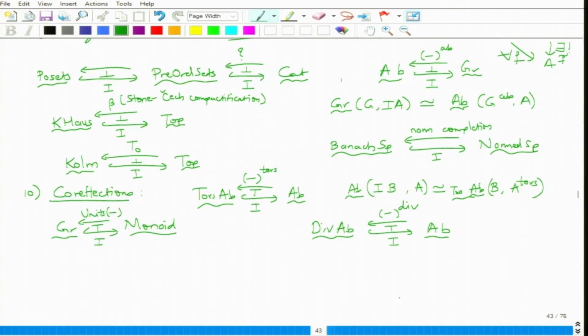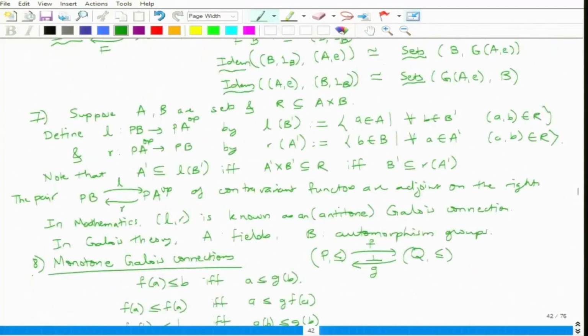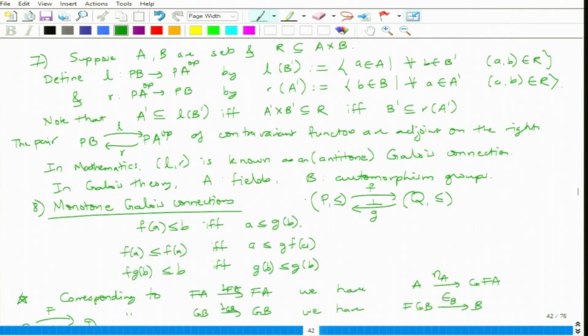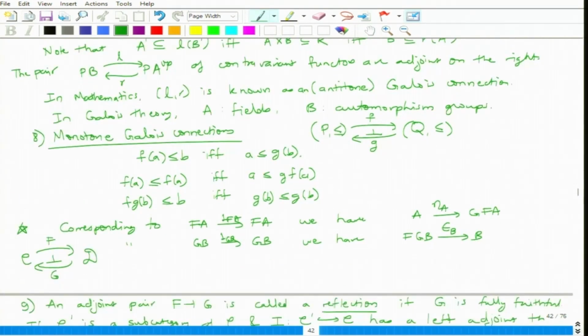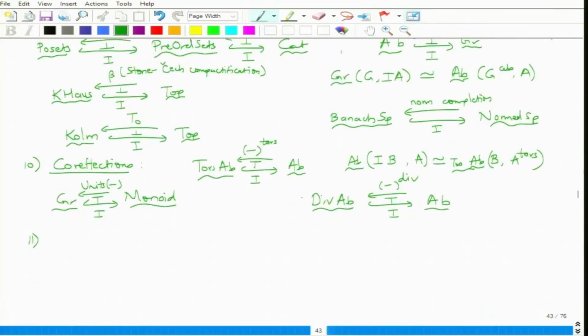Well, along the story of Galois connections, we said something. This is a pair of contravariant functors adjoint to the right. You understand that? Nothing is happening on the left. Everything is happening on the right. So that same thing we will write.